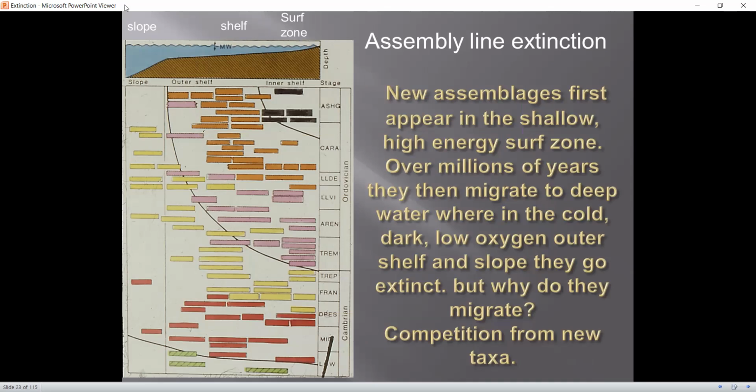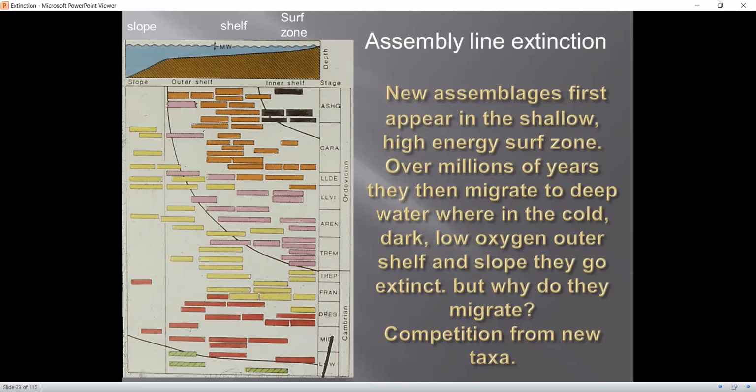All right, if the inner shelf is turbulent, oxygen rich, nutrient rich, and plenty of light, then the converse of that, and the outer shelf, the water is extremely cold. Sometimes they're freezing. The oxygen is depleted, and there's no light.